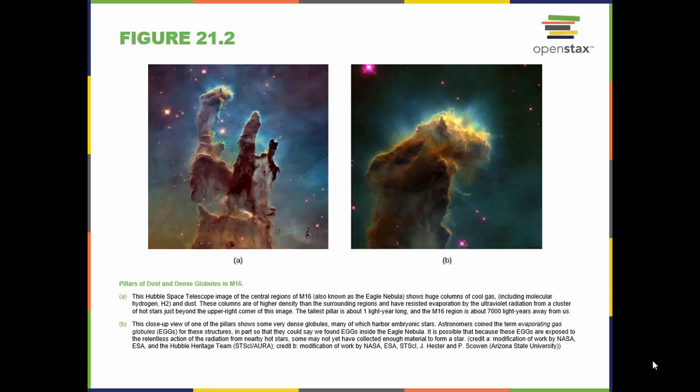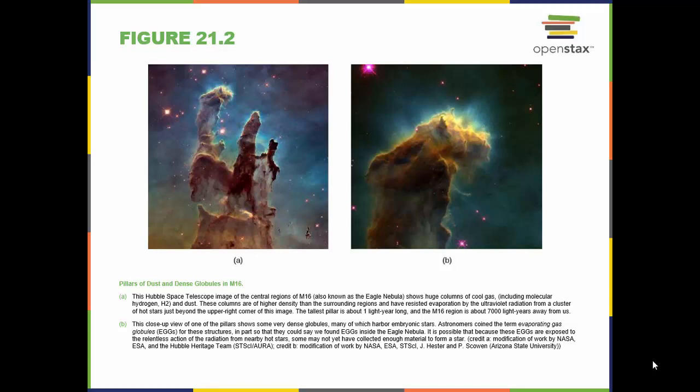So what we see here are, once again, Hubble Space Telescope images of the central regions of M16. This is also known as the Eagle Nebula. It shows these huge columns of cool gas.